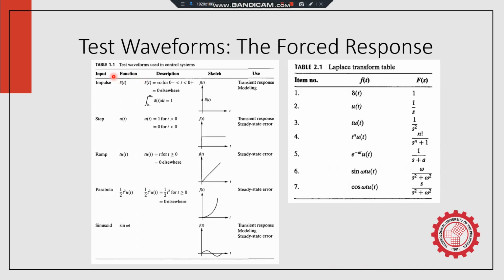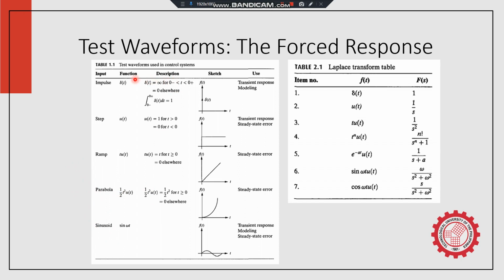Before we go further to our example of solving poles and zeros, let us first recall the different forced responses or input responses that we want to input to our system. We have an impulse signal, a step signal, a ramp signal, a parabola, or a sinusoid.